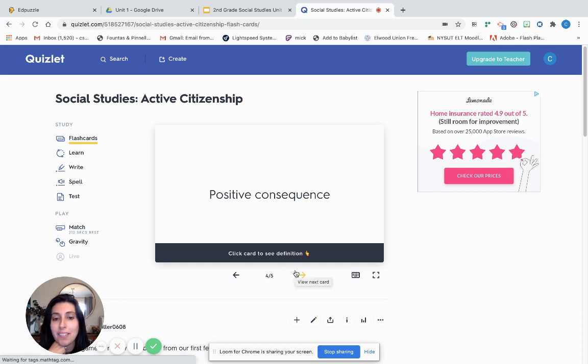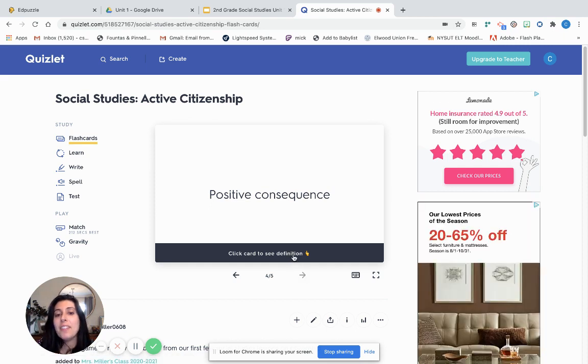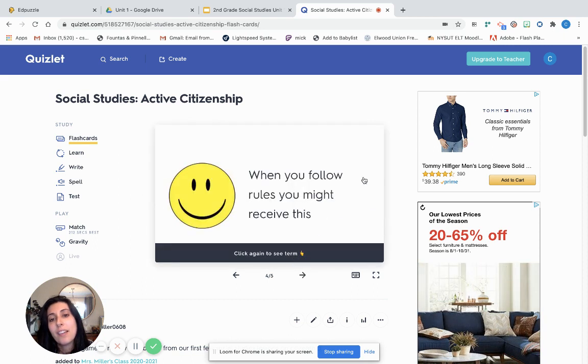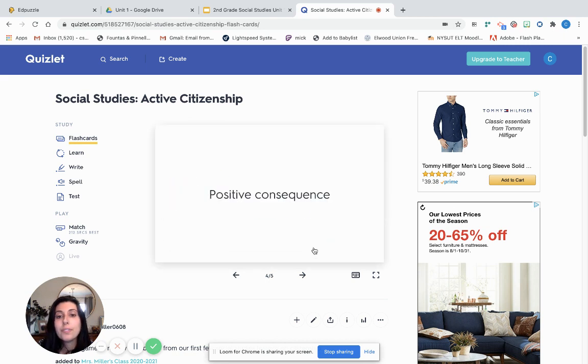Okay, eyes up here, time's up. Let's take a look at the definition. Let's see if we came close. The definition says when you follow rules, you might receive this. So a positive consequence is something you might receive if you follow the rules.